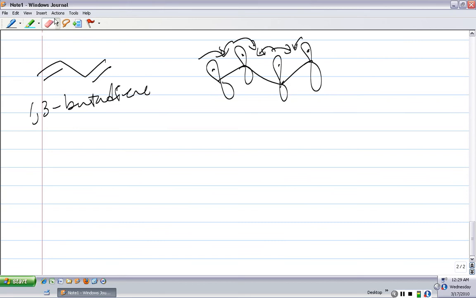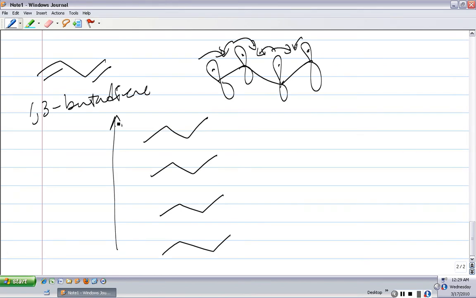So I'm going to grab some space here. I'm going to end up with 1, 2, 3, 4, and I'm going to have energy on my ascending axis. I'm going to go ahead and put a plus here, plus, plus, plus.